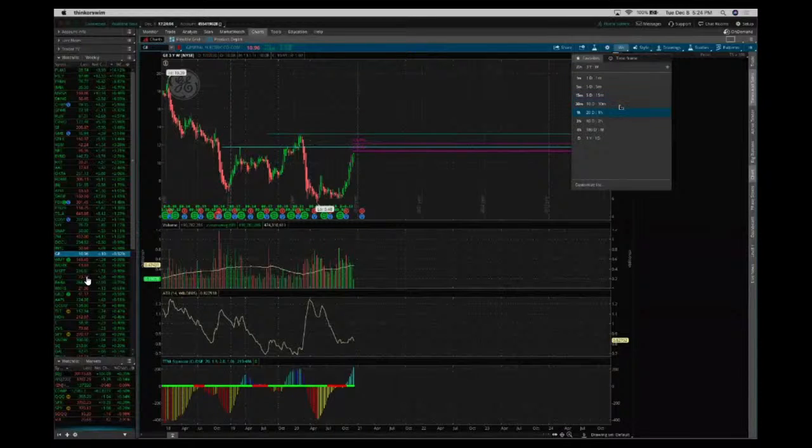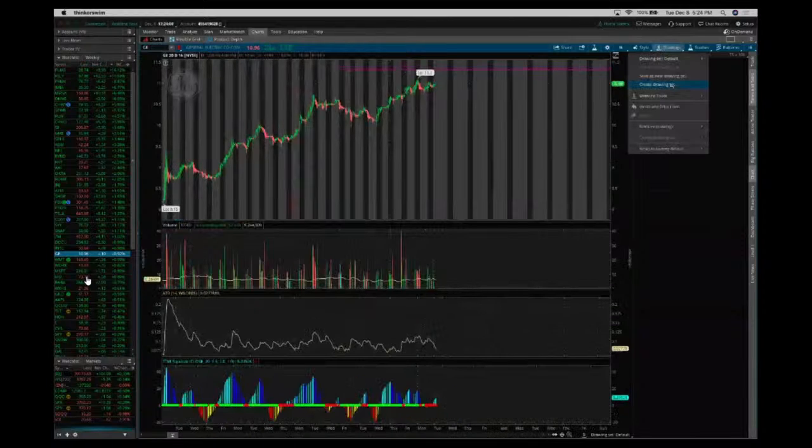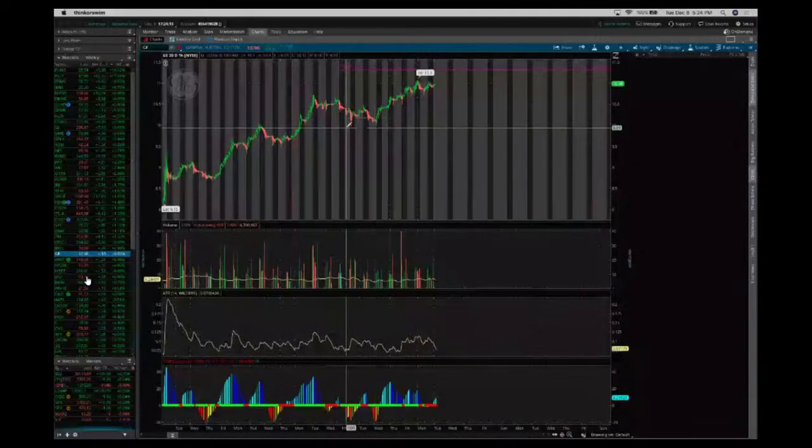And let's do this here. Let's try to see if we get a cluster. So a cluster is just going to give you more confirmation on that level, more confidence. Doesn't mean it's going to hit it, but it's better than having nothing.